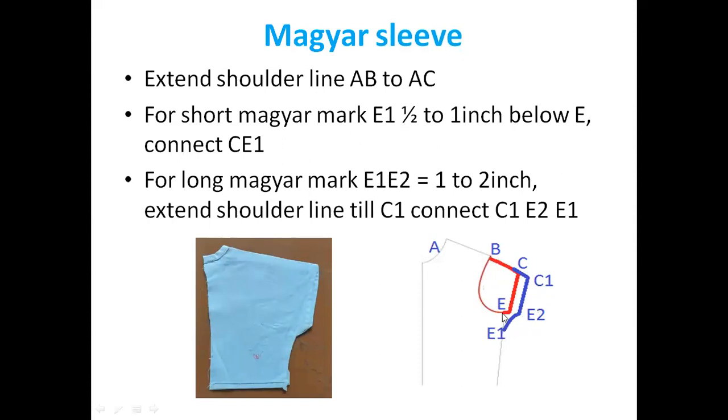E1 is just half an inch to 1 inch. Finally, for the shorter Magyar sleeve, you have to join B, C1 and E1. And for the longer Magyar sleeve, you have to join B, C, C1, E2, and finally end with E1.